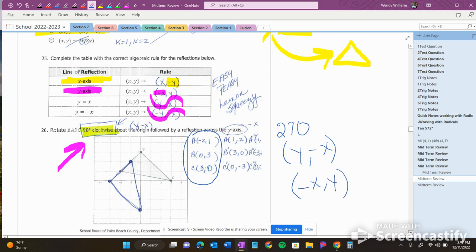So if you look closely, I took the originals. -2, 1. We're going to switch and negate the second. So it becomes 2, 1. -2, 1 becomes 1, 2.